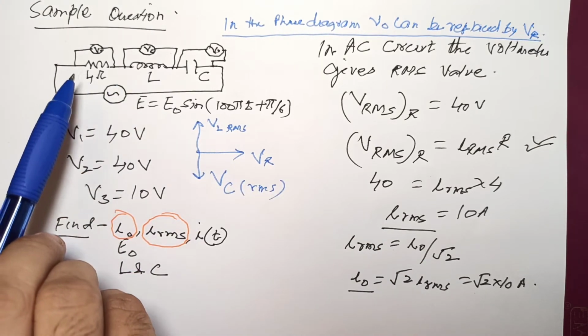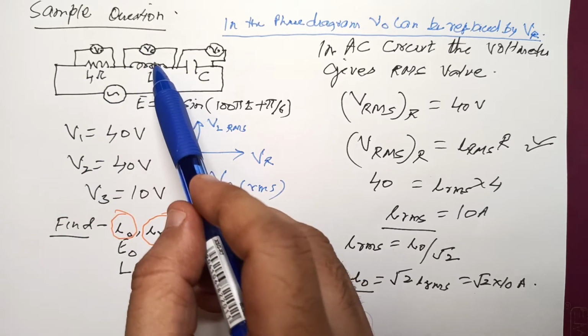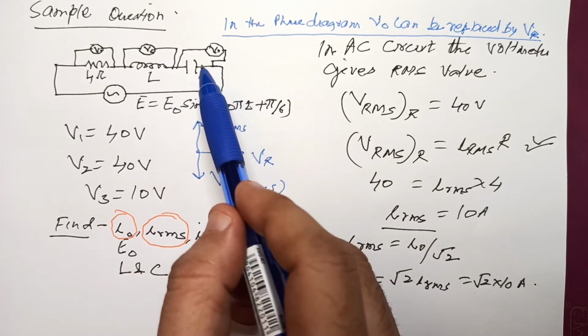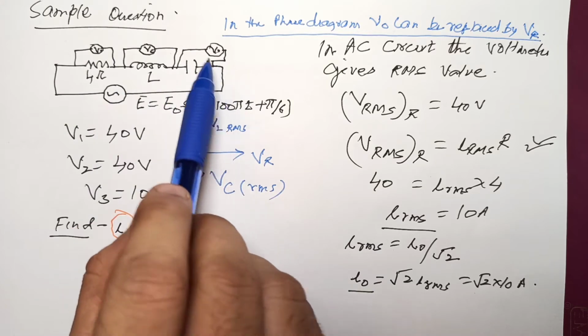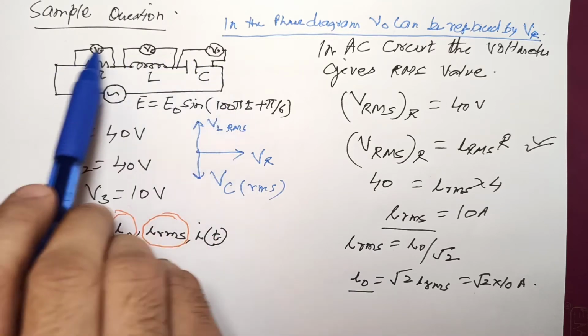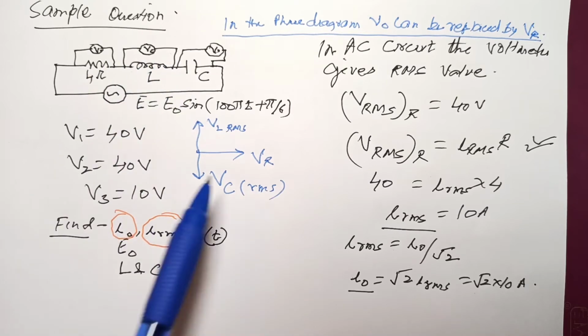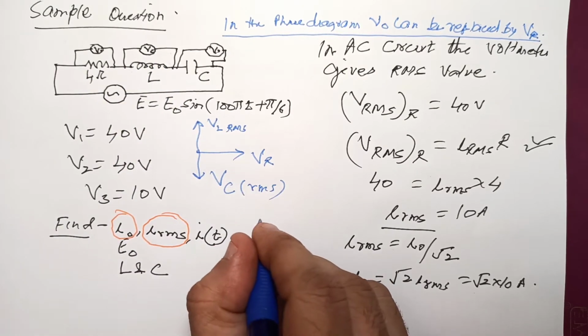Now go back and check it out. The voltage here is 40 volts, V2 is 40 volts, and this is again 10 volts. So overall, the inductive reactance is more, and that is why we will have the figure something like this.